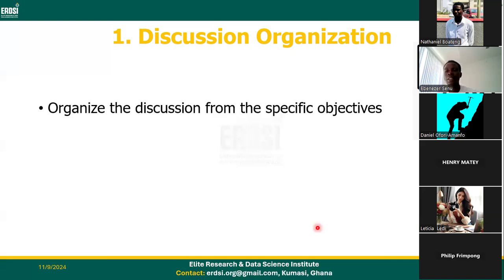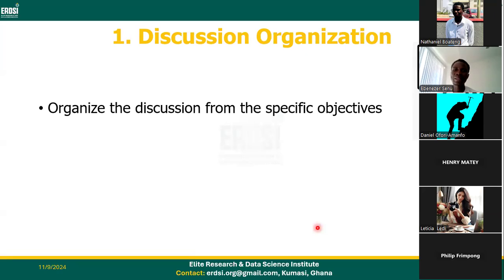Because at the end, in a typical thesis, and after this I'll show you some thesis discussions, you have to create your discussion according to your specific objectives. So after you've stated your summary, you have subheadings in the discussion. You have your objective one, then you discuss the result that you have under that.